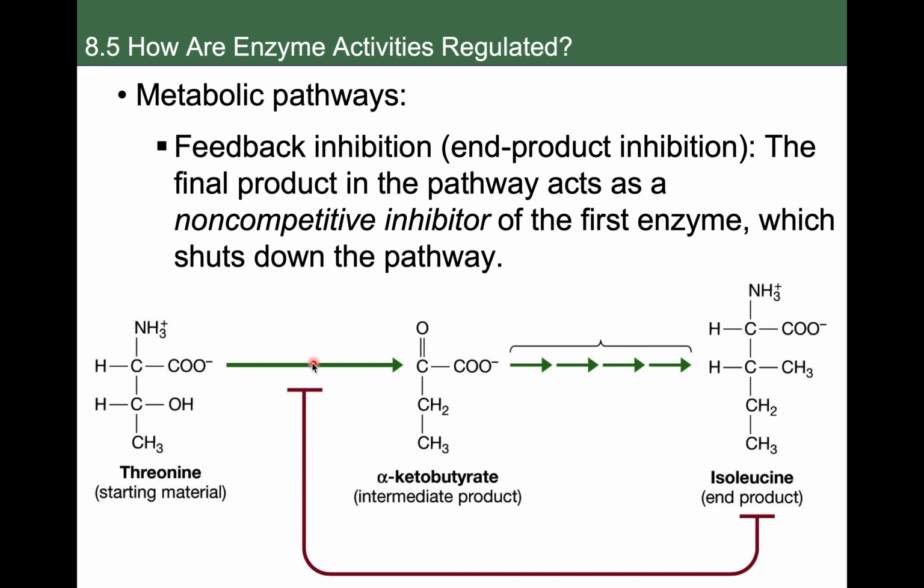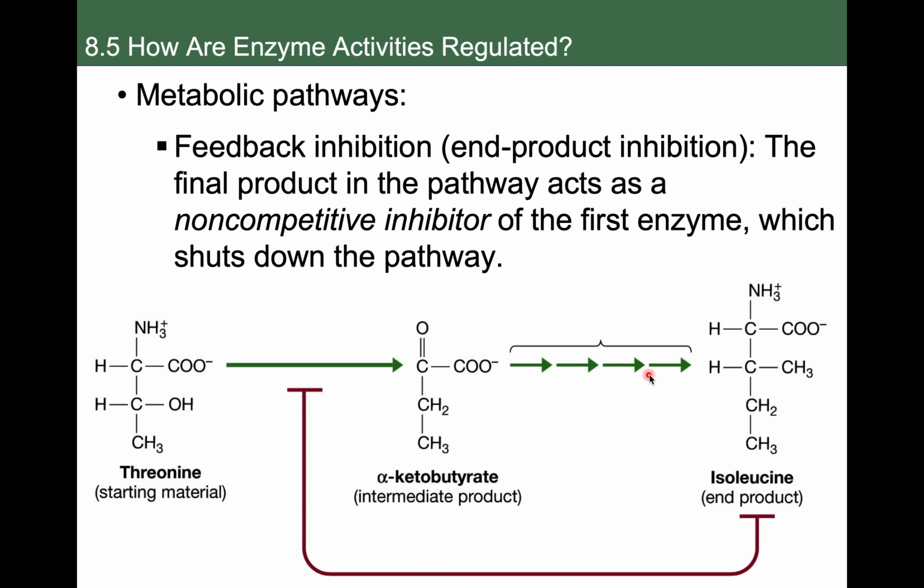An enzyme that acts here at the first green line would convert threonine into alpha ketobutyrate. And then a second enzyme would convert that into something else. And a third enzyme would convert that into something else, and so on, until we get to the last reaction and we end up with isoleucine, which is a different amino acid, as our product. So basically the role of this pathway is to convert one amino acid, threonine, into another.